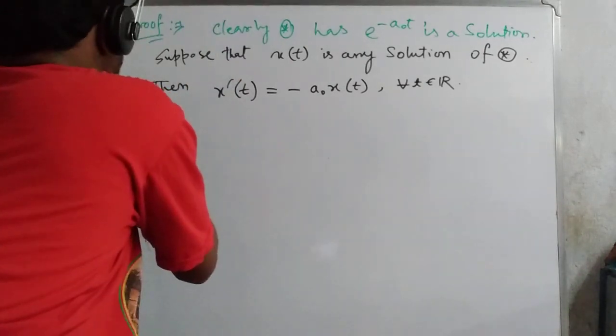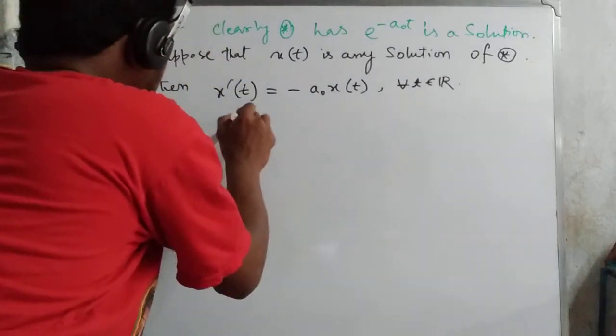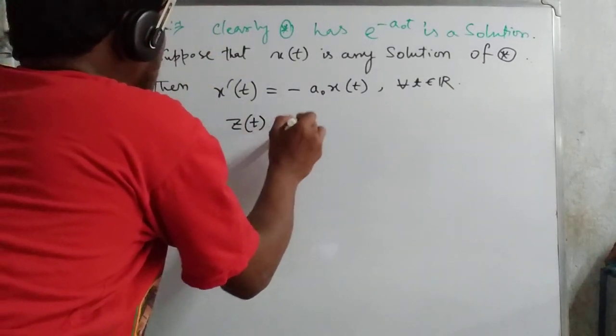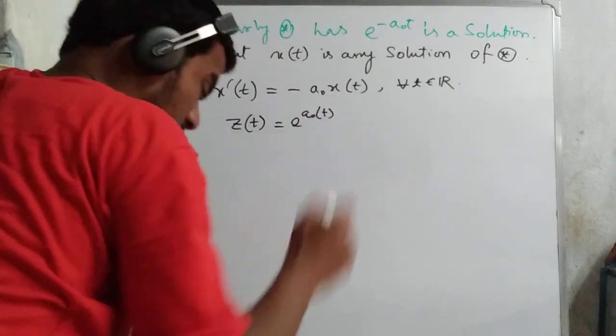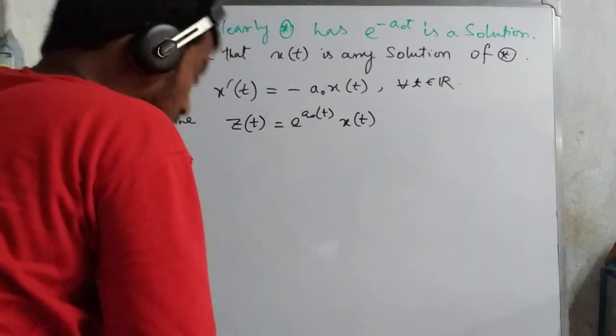And then we define z(t) equal to e to the power a0 t times x(t).